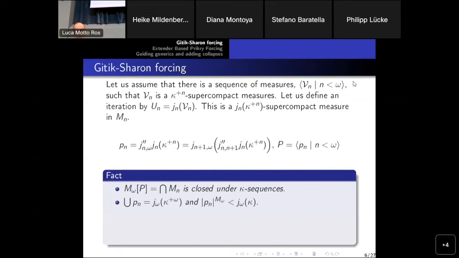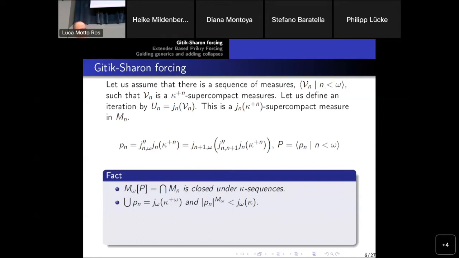We know that the union of the pn is simply going to be j omega of kappa plus omega. Every ordinal in j omega of kappa plus omega comes from somewhere, from some sufficiently large n, so that it is below j omega of kappa plus n, and this ordinal comes from some slightly larger n.